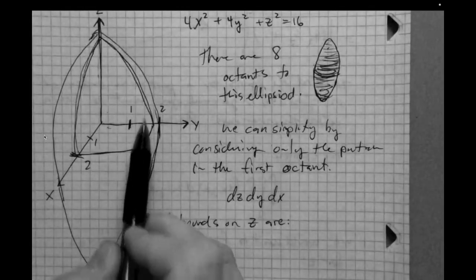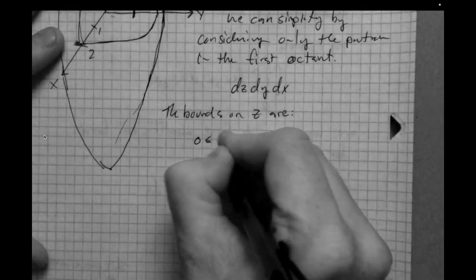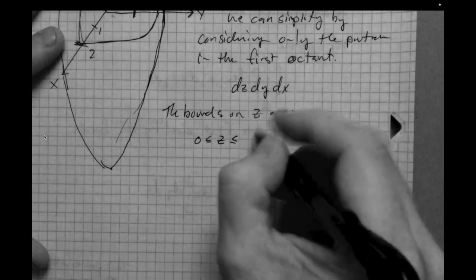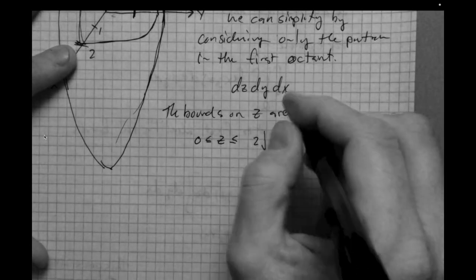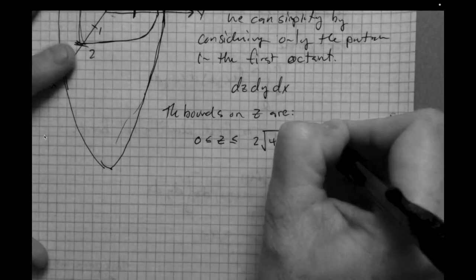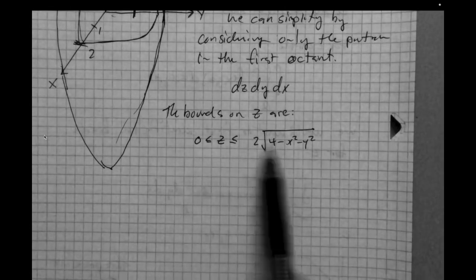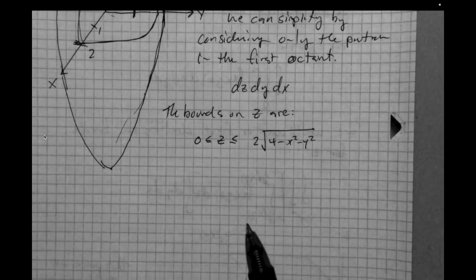It turns out that line is given by z equals 2 times the square root of 4 minus x squared minus y squared. So this would be the upper bound for the inner integral. It isn't pretty, but I think it works out in the main.